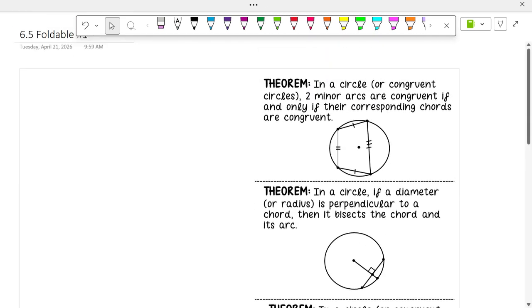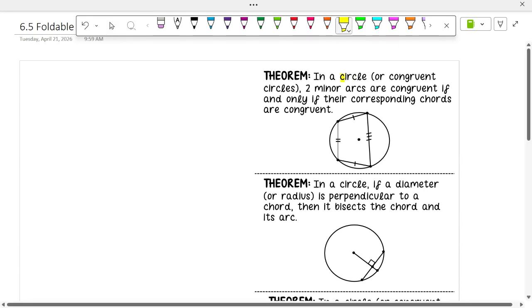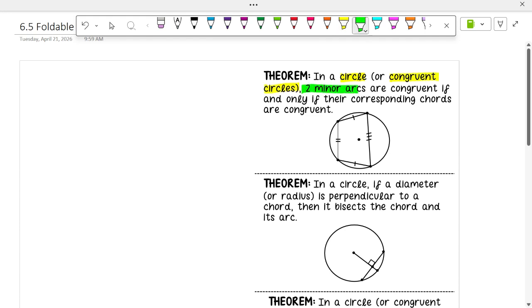So for these, we're moving away from angle measures and getting into segment lengths, meaning the actual lengths of these chords. All right. So the first theorem is in a circle or congruent circles, if two minor arcs, remind me what a minor arc is?